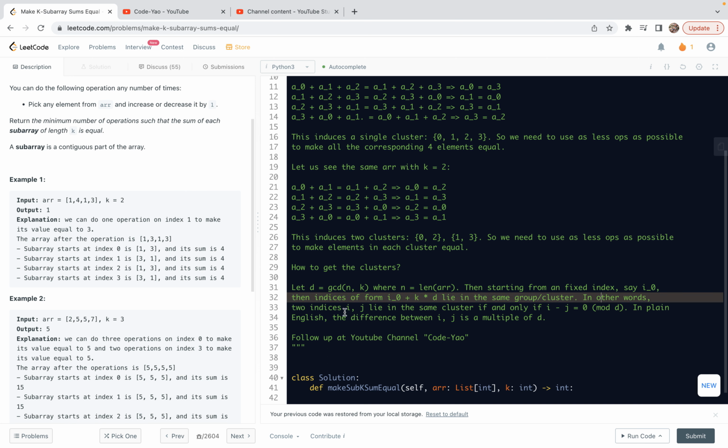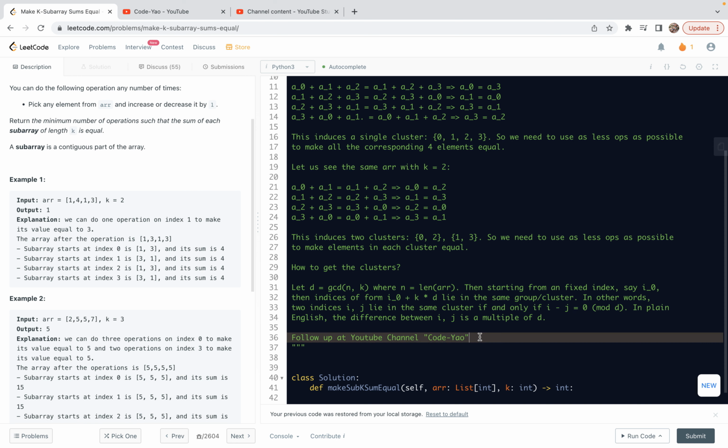In other words, the 2 indices i and j lie in the same cluster if and only if i minus j equals 0 in the sense of modulo D. If we want to use plain English, it means that the difference between i and j is a multiple of D. That's what this equation says.